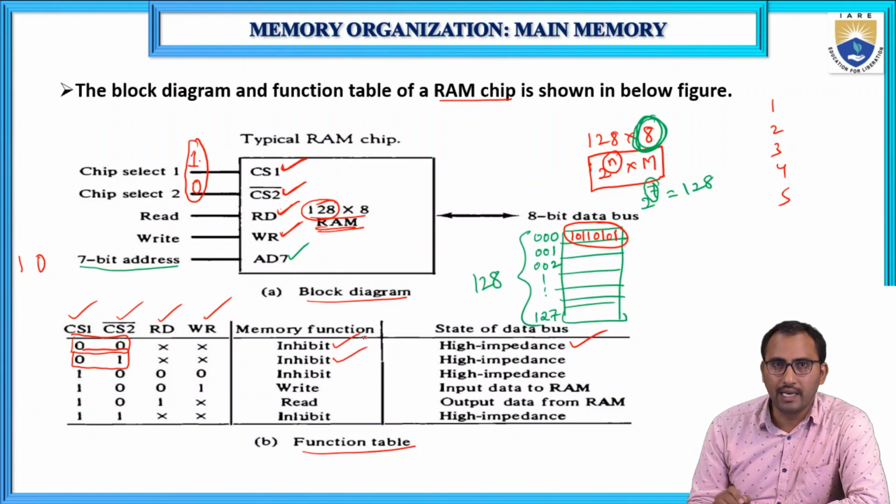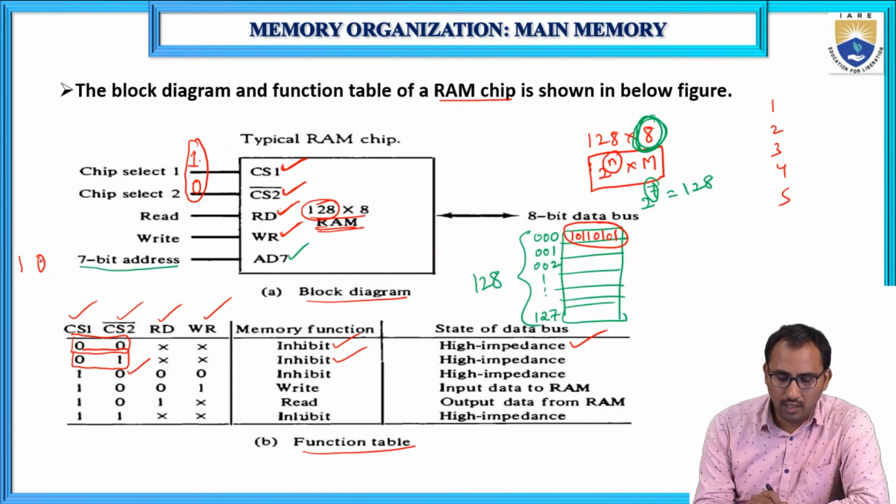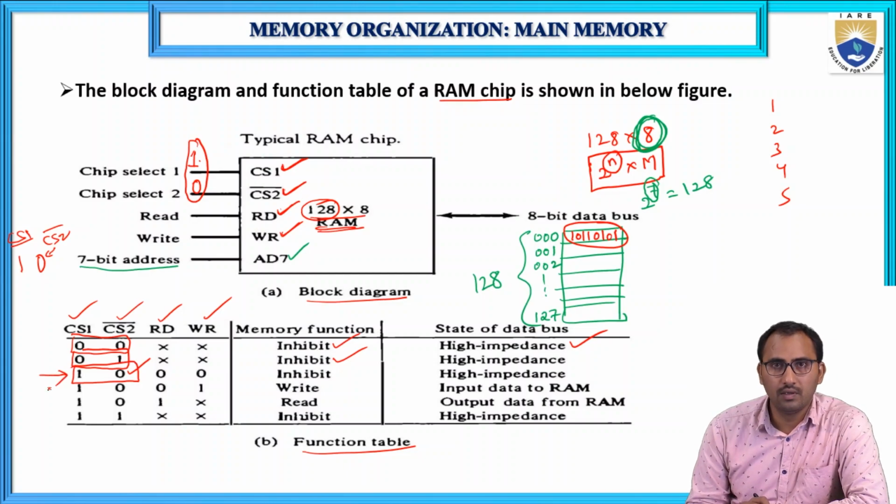This is also inhibit. And for the third case 1 0, if CS1 is equal to 1 and CS2 bar is equal to 0, then the memory chip will be active. If it is active, then we can perform either a memory read operation or a memory write operation.